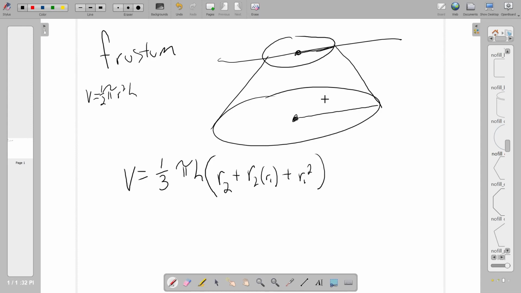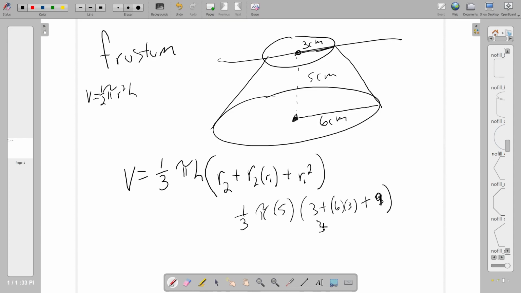So if we had this as 6 centimeters and this as 3 centimeters, and the height was 5 centimeters, it would be 1/3 pi times 5 times R2 plus R2 times R1, so 3 plus 6 times 3, plus 3 squared, which is going to be 9.